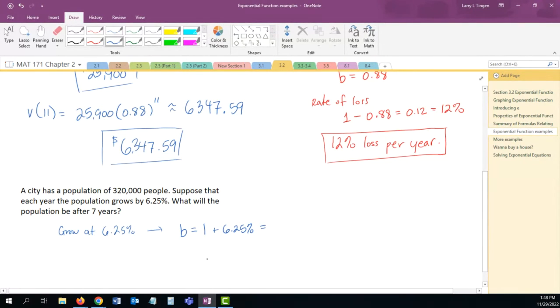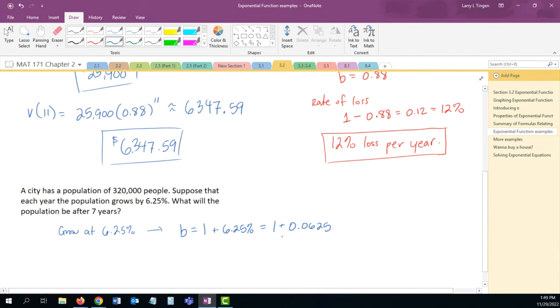6.25%. Now, I just told you can't do math with a percent, and that's still true. So I've got to convert the percent to a decimal. And I have found B. Now, what is this doing? The 1, if you take your initial value and you multiply it by 1, you get back your initial value, right?